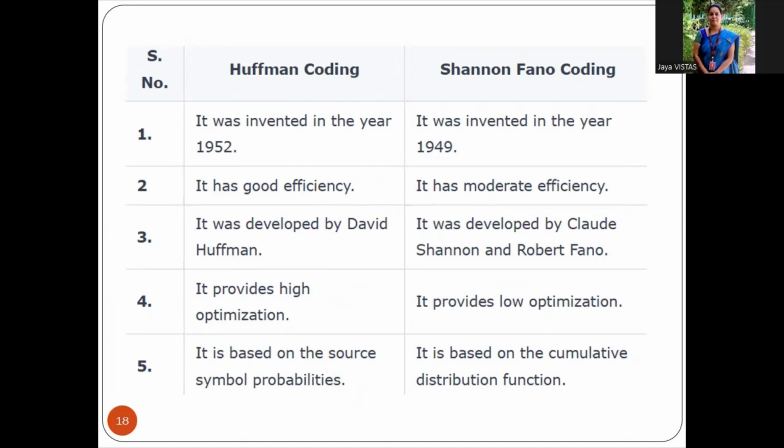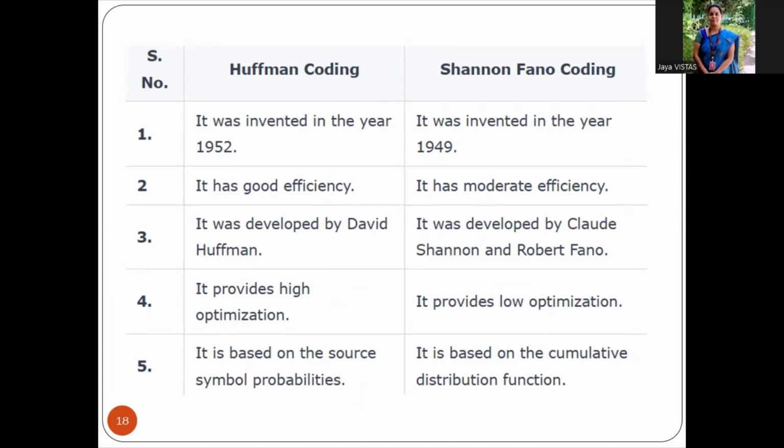Huffman coding provides high optimization and Shannon-Fano coding provides low optimization. Huffman coding is based on the source symbol probabilities, and Shannon-Fano coding is based on the cumulative distribution function.